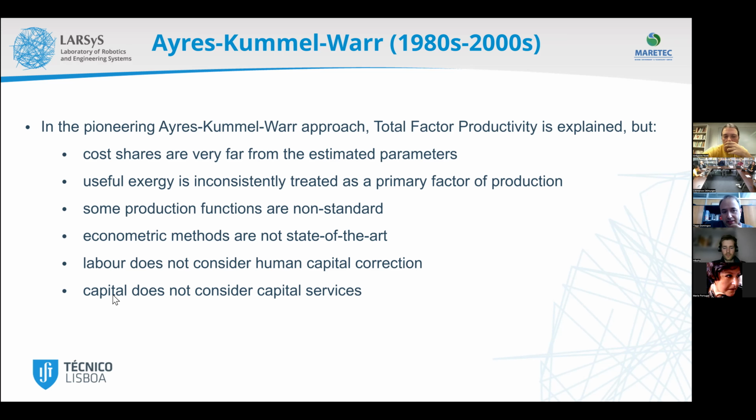And the point is that this energy flow is obviously not a primary factor of production, because to be able to deliver the cold air, the mechanical work, the light, you need machines, capital has been used, labor has been used, and so useful exergy is not a primary factor of production.